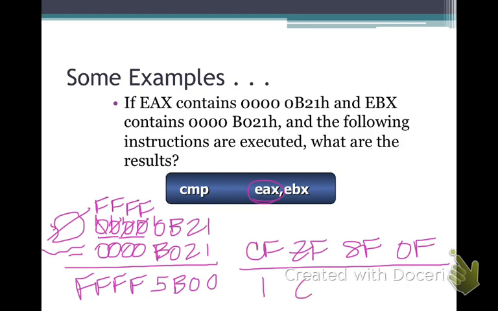It is not 0, it is negative. And signed overflow: I have taken a positive minus a positive. Well, minus a positive is the same as plus a negative. So positive plus a negative, I'm not going to have signed overflow. Okay? So that's the result when we execute this instruction.